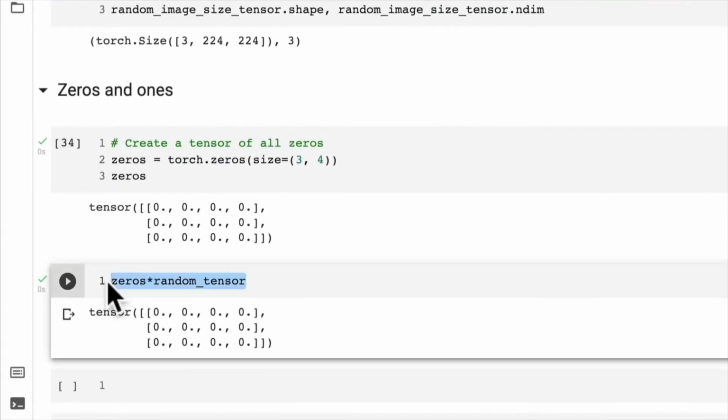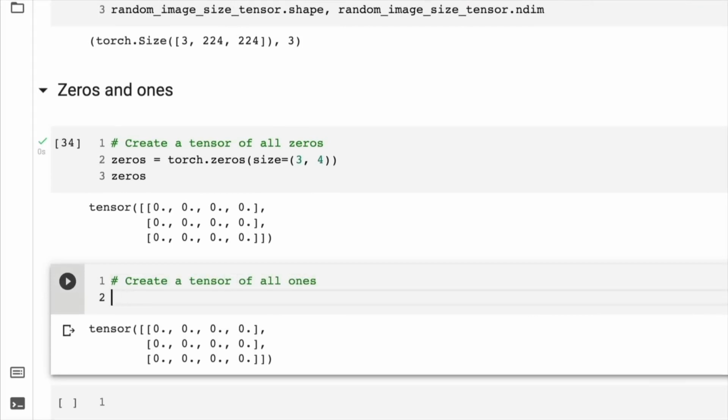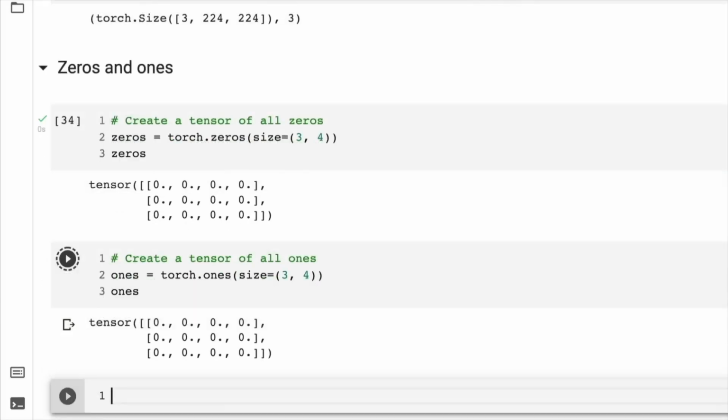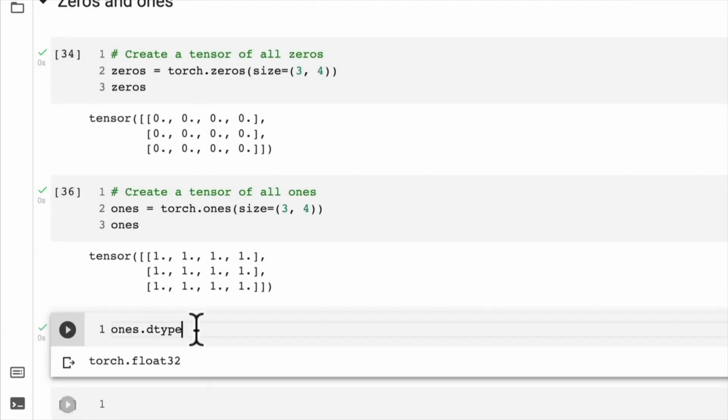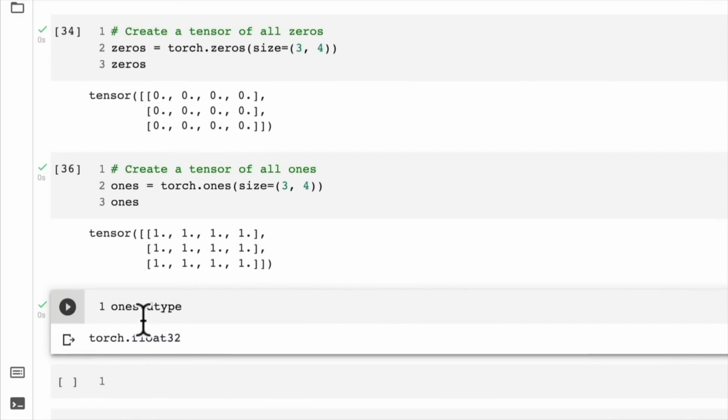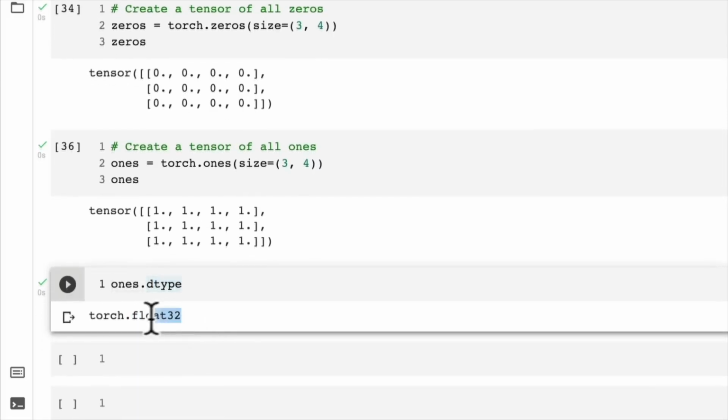And then if you wanted to create a tensor of all ones, we can go ones equals torch.ones, size equals 3, 4. And then if we have a look, there's another parameter I haven't shown you yet, but this is another important one, the dtype. The default data type, so that's what dtype stands for, is torch.float.